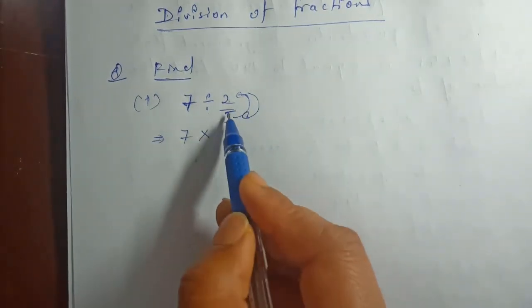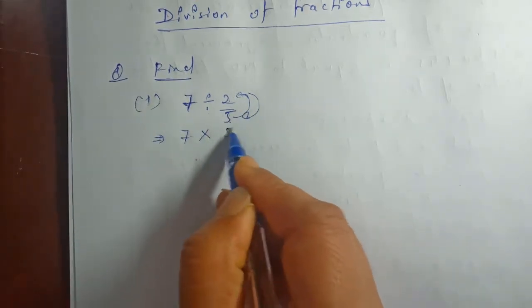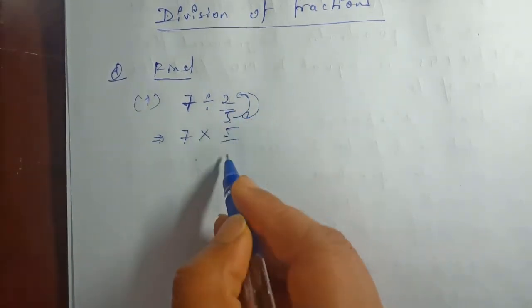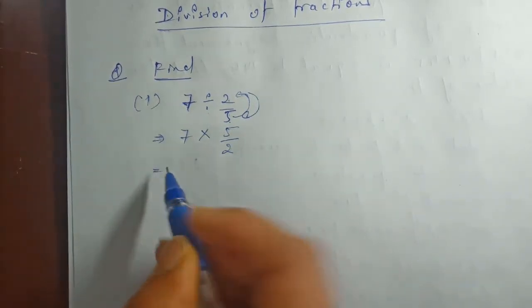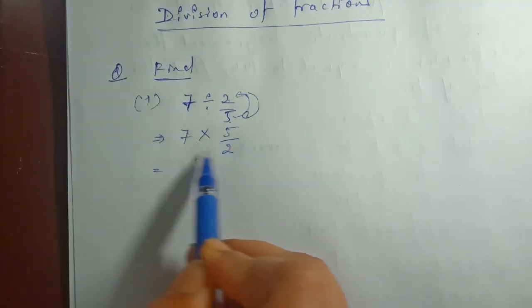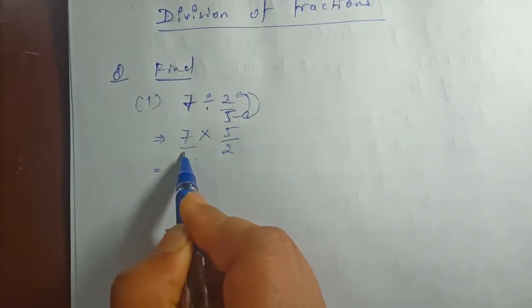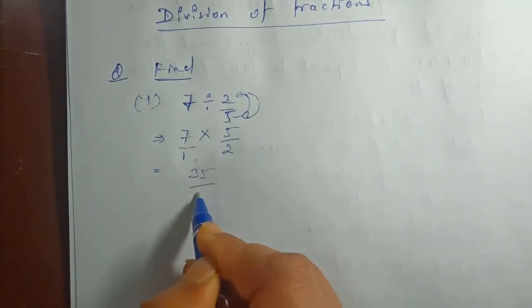That means we have to interchange the places of numerator and denominator. Denominator will be written at the place of numerator and numerator at the place of denominator. Then, keeping in mind the rule of multiplication, we multiply numerator by numerator and denominator by denominator. So here the denominator is 1, 7 into 5 will give 35, 2 into 1 will give 2.